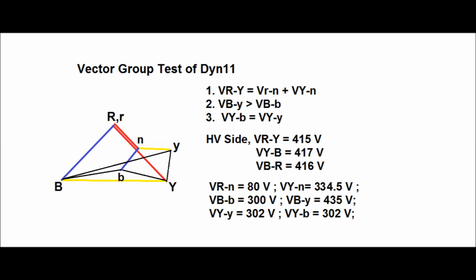And number 3 is the voltage between HB side yellow phase and LB side yellow phase, which comes as 302 volt, and between HB side yellow phase and LB side blue phase, which comes as 302 volt.